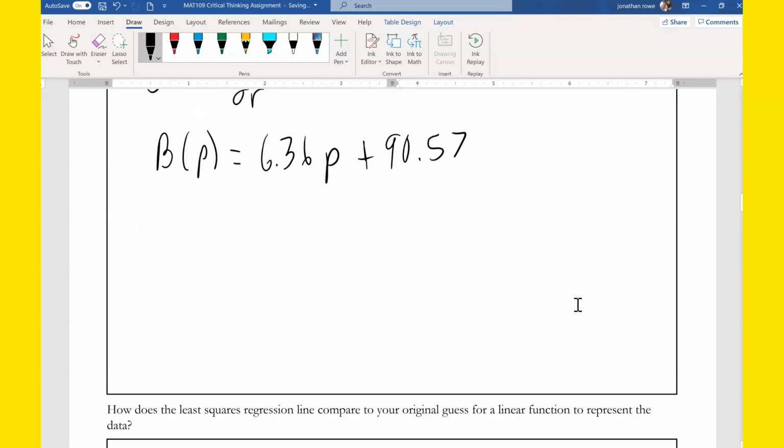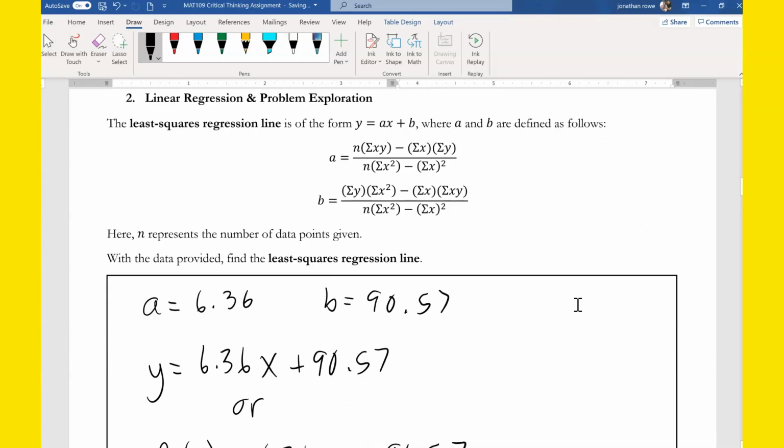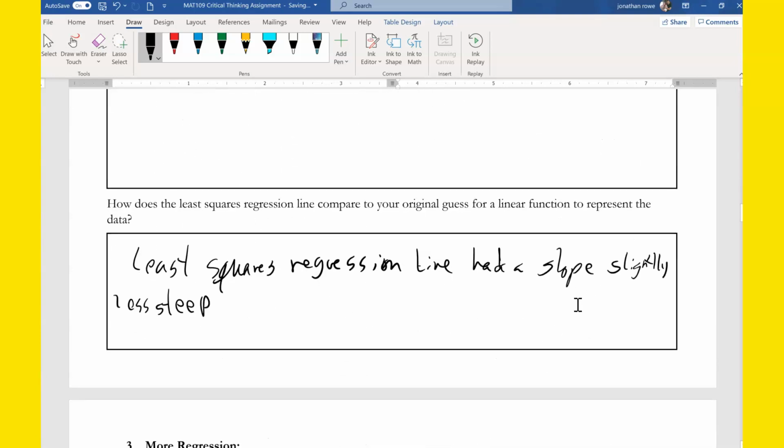And then what about the y-intercept? 90.57 versus 95. So a slightly smaller, or slightly less y-intercept. You can say slightly less or slightly smaller.